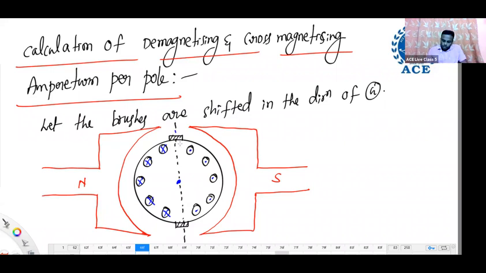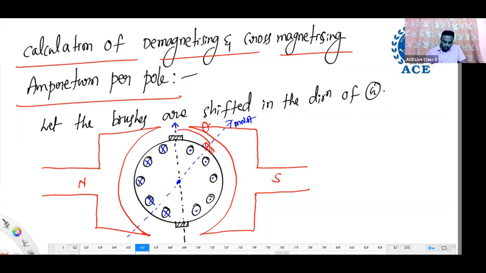Now GNA is fixed, but under load condition, MNA is here. This is our MNA, magnetic neutral axis. Now we shift the brushes onto this MNA axis by some angle theta.